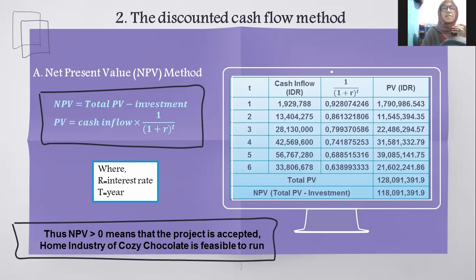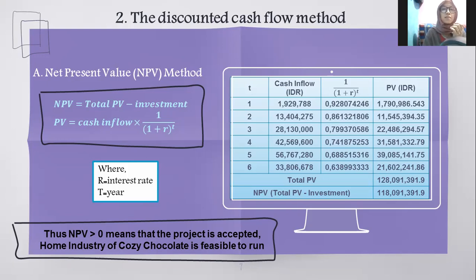And then in the table we have T as 1, 2, 3, 4, 5, and 6. And for the cash inflow, we can see in the table. And for R, we have R equal to 7.75%, and we get 1 over 1 plus R power T like in the picture. And for PV, we also can see in the table.